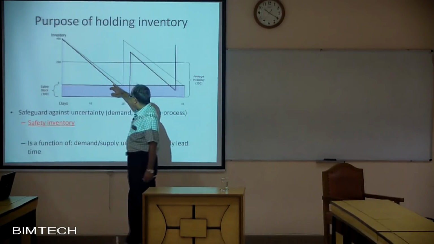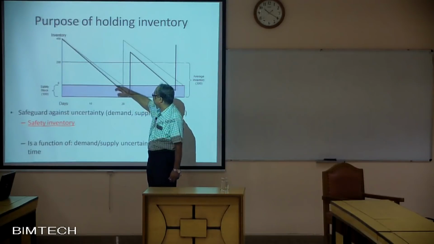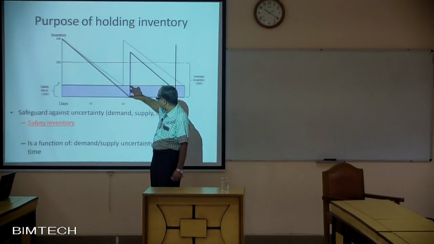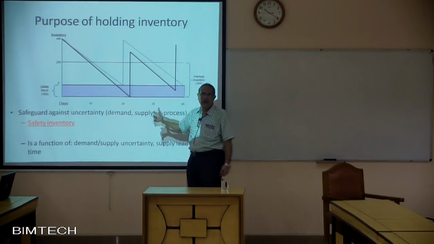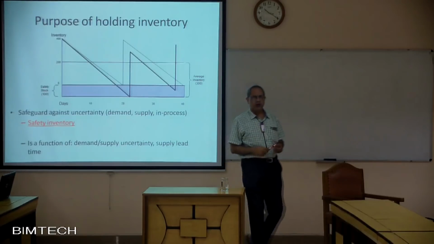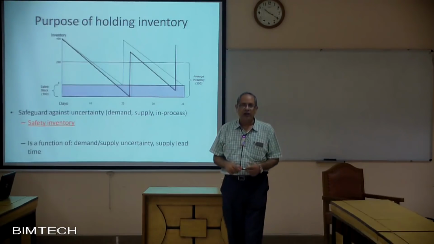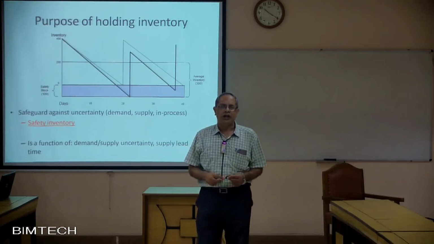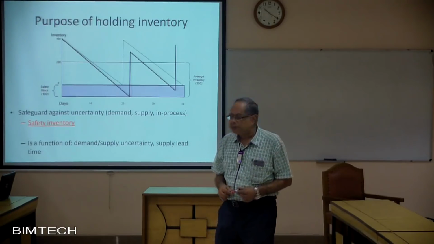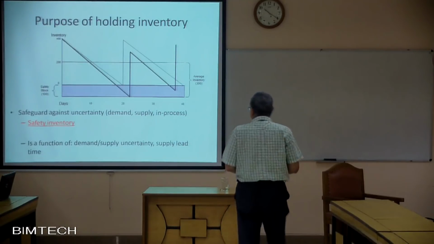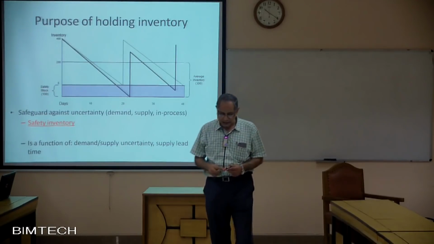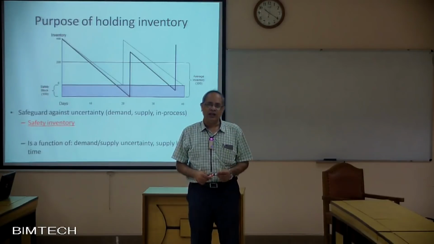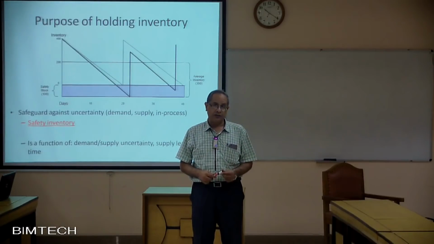So the demand is variable, and sometimes you kind of eat into your safety stock, and sometimes you may not, or the amount of safety stock that you deplete in a cycle varies. Okay, and we'll come to that later in greater detail. So basically, we are carrying safety inventory because we want to safeguard against the uncertainty that is there in the supply chain, primarily in the demand and in the supply.